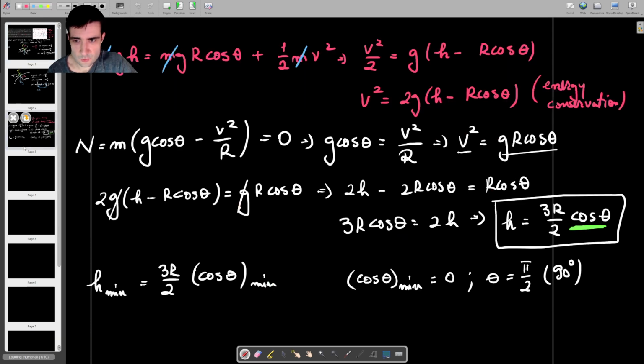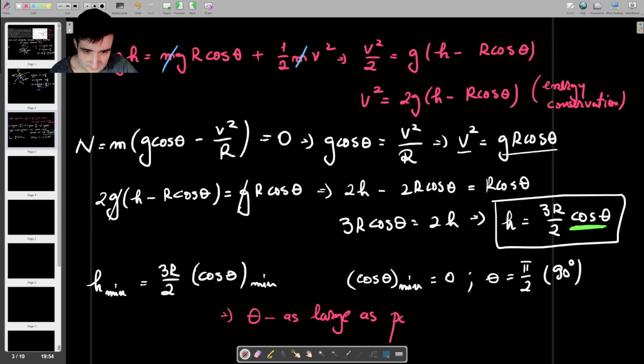We want the cosine to be as small as possible. And if the cosine is as small as possible in the first quadrant, it means that the angle has to be as large as possible. So this is the key.